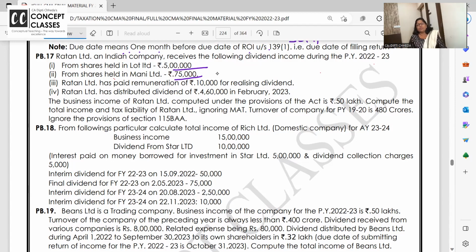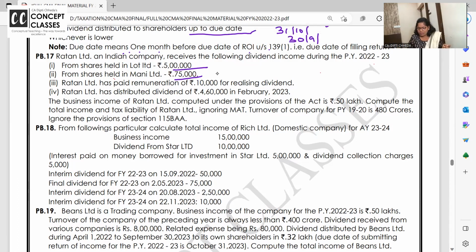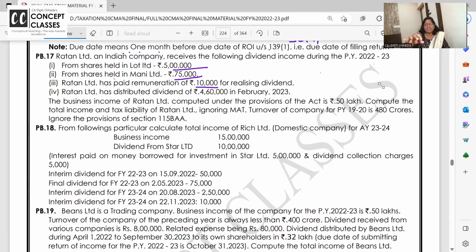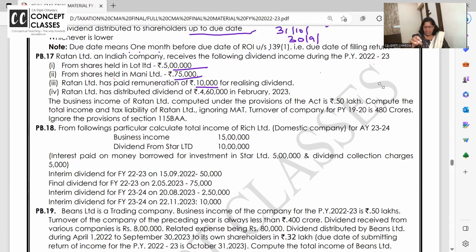Can I deduct 10,000? Quick answer I want from all of you. You can speak up, unmute and say yes or no. This 10,000 is for realizing the dividend, I have kept a person and I am paying him. Can I deduct it anywhere? Yes or no? From dividend received, can I deduct remuneration paid of 10,000?